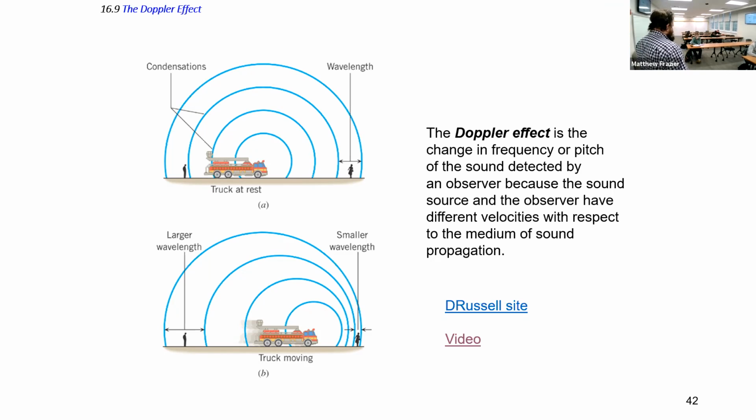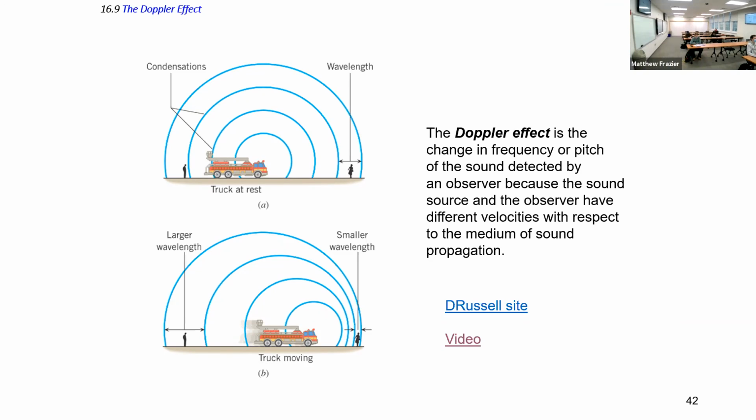And he could hear its tuning pitch go up and back down. Of course, it might have been reversed. It might have been at the station. He might have been on the train. But just as fundamentally, it doesn't matter whether the source is moving or whether the observer is moving. The effect is that you will get this compression or this stretching.